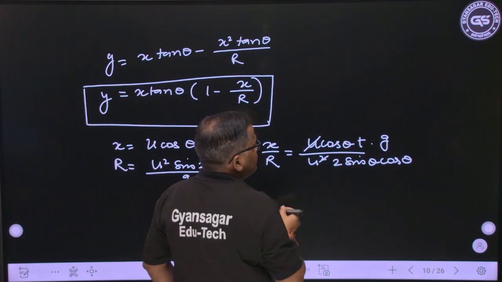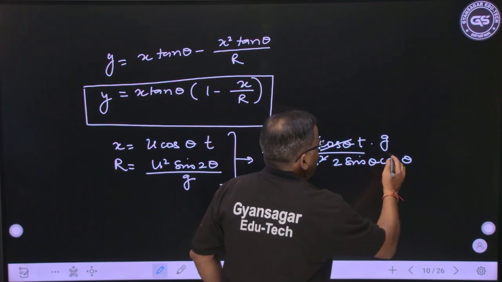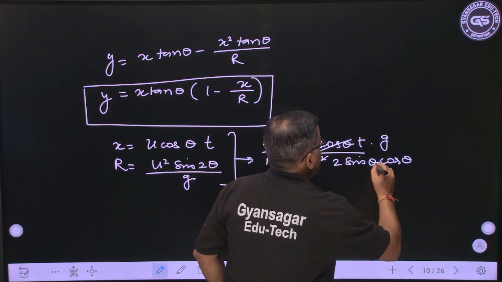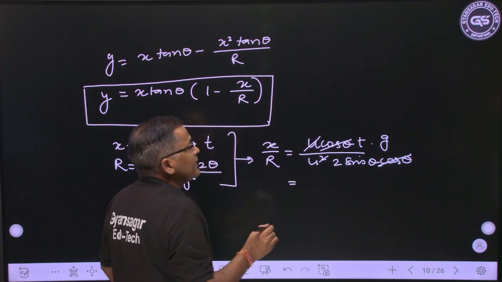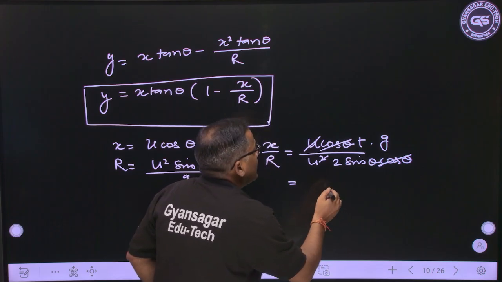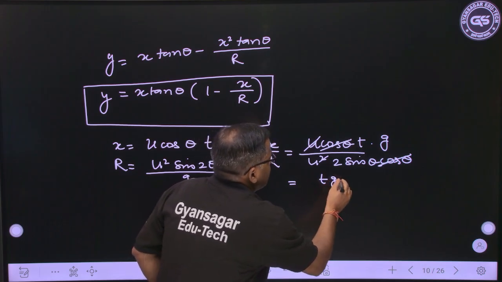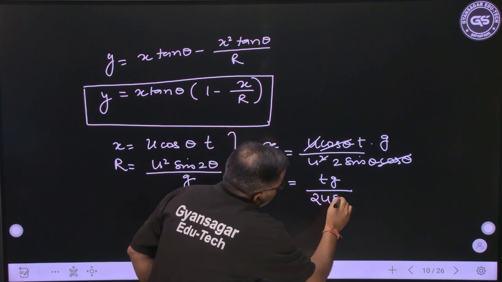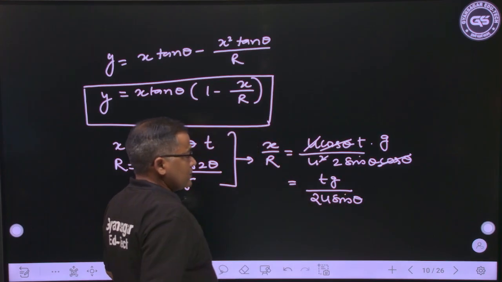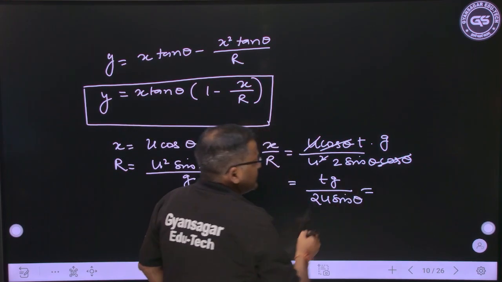So like this, and cos theta also goes out. So what are we left with? Equal to Tg by 2u sin theta.